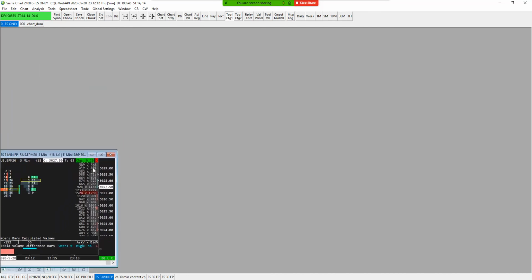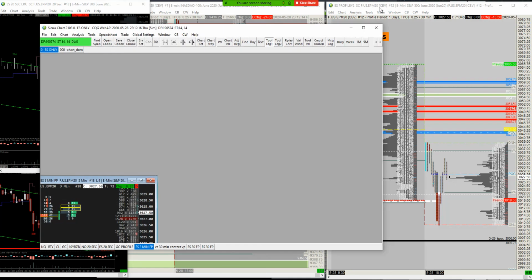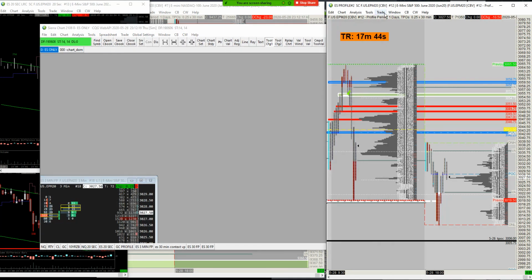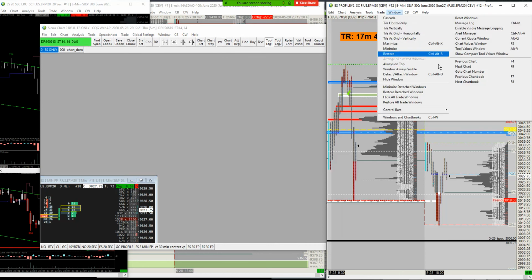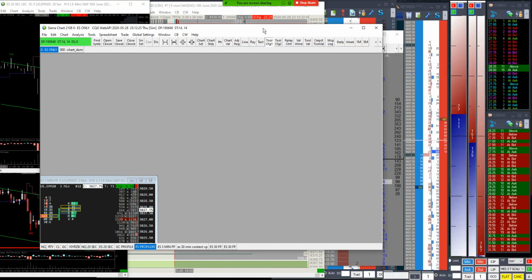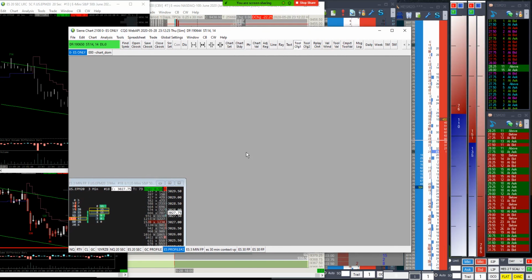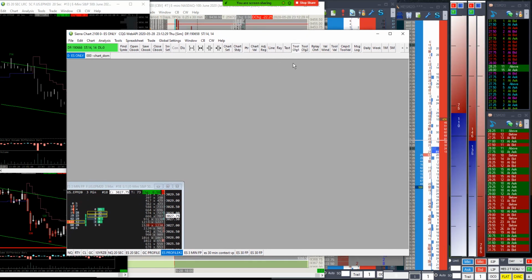If I want to bring another template into it, I just go Window, Detach, and it comes back into my main area. You get it? And then I could take this whole thing and move it around into my other screens.